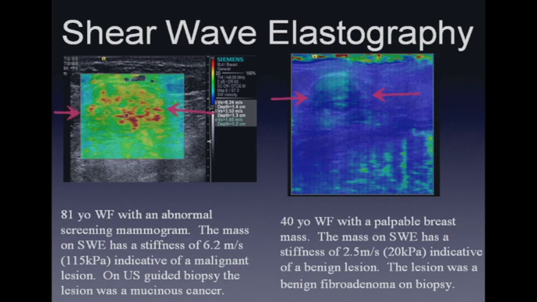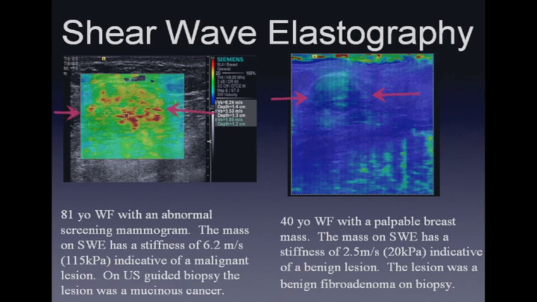Here are some examples of both a malignant and a benign lesion. On the left is a mucinous cancer, and you can see that the color coding of this lesion is a lot of reds and yellows, which are very high velocities. And these velocities can be measured either in meters per second or kilopascals, and there's an easy conversion between the two.